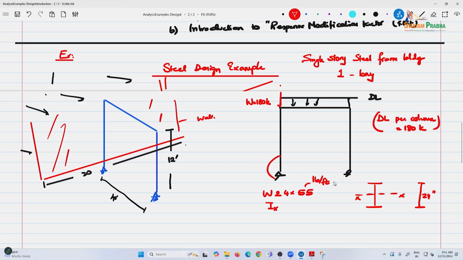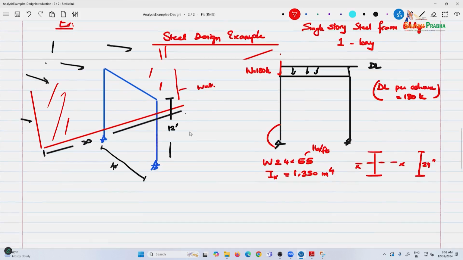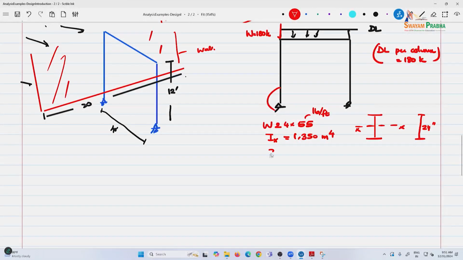So Ixx is 1350 inches to the 4th, and you also have Zx. Do you know what Zx is? I don't know if the term is different here. It is the plastic section modulus. The elastic section modulus is I by C, but this is the plastic section modulus.